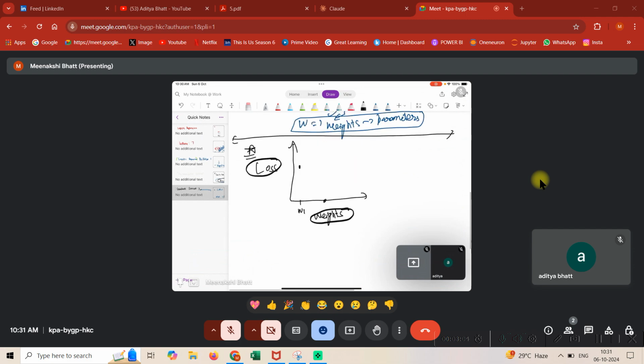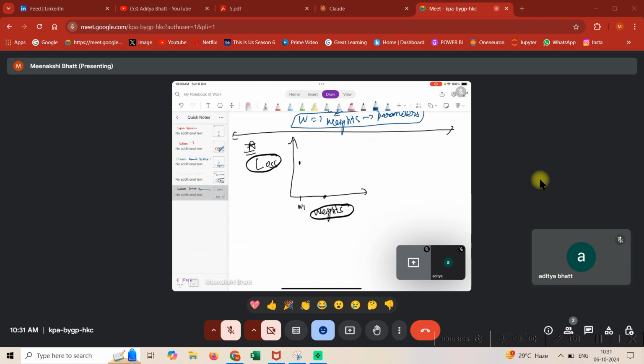Let me write these steps. These are essential steps so that you can understand better. We start with a random value of weight, and then we compute the value of loss function in context of that weight.